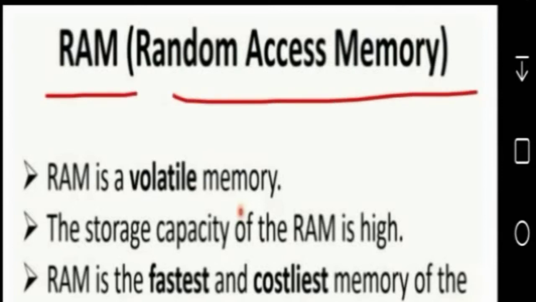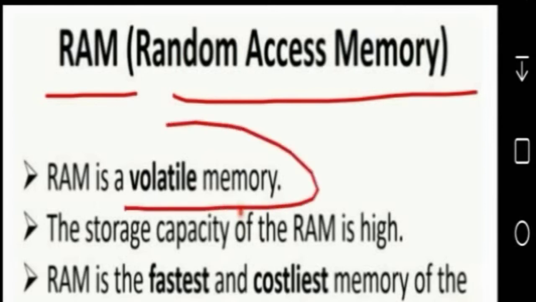RAM is used to store the program and data being used by the CPU in real time. The data on the RAM can be read, written and erased any number of times. The main feature of RAM is that it is a volatile memory. That means the data is lost when the power is turned off.